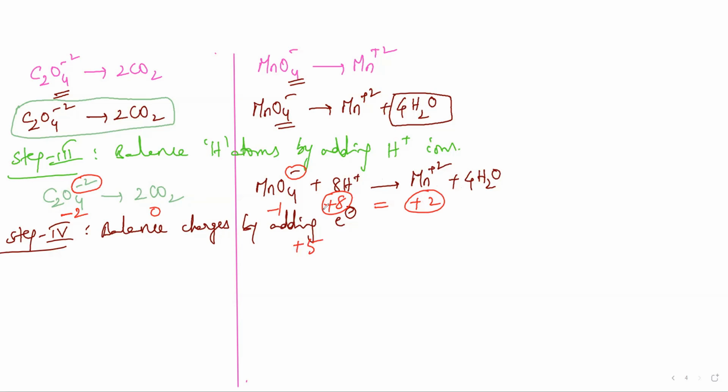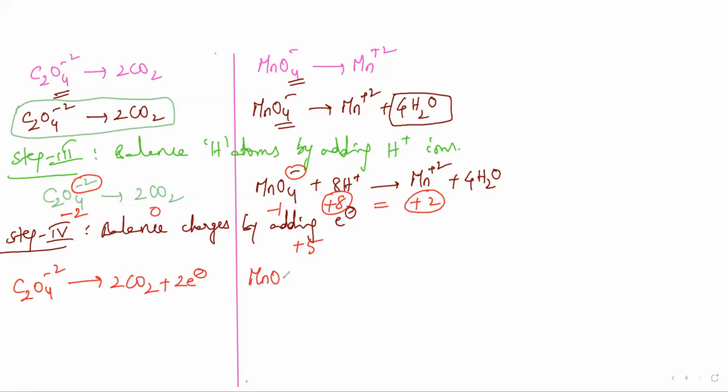Now, how can you balance with electrons? Now here it is -2. Then add electrons. If a negative charge is found, add electrons on the opposite side. That means how many electrons? 2 electrons.